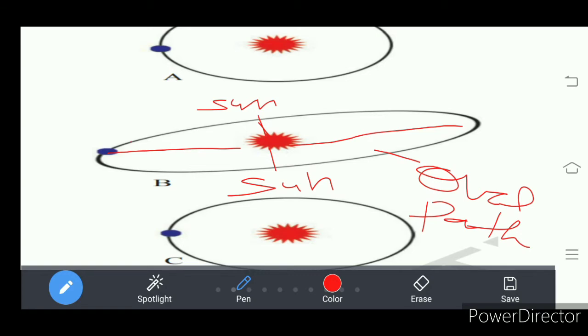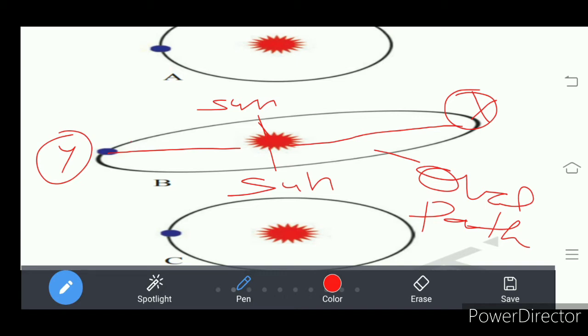That means these are the positions. I am writing here X, here Y. So in these two positions, our Earth goes far from the sun. It is the farthest position.